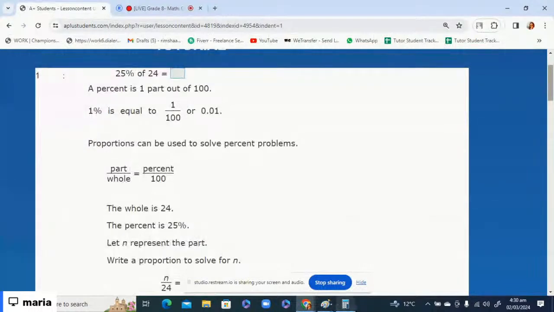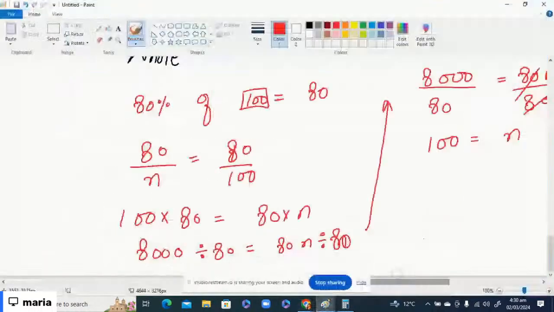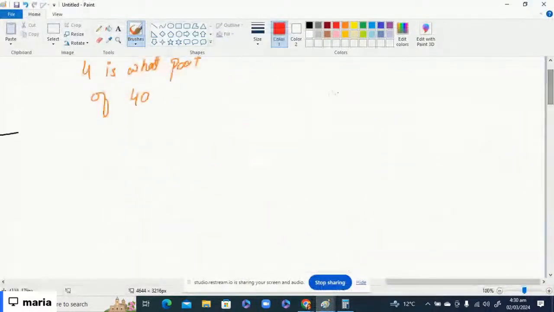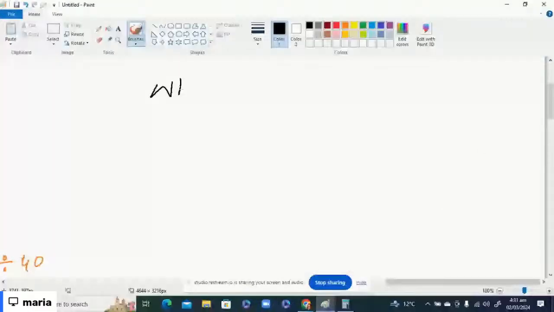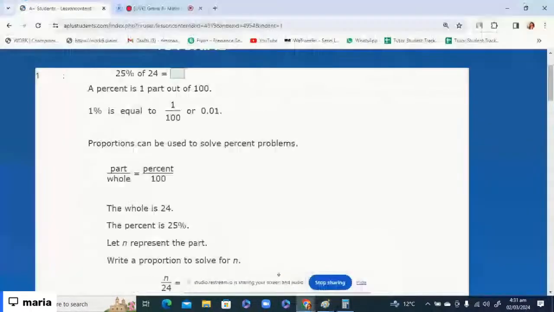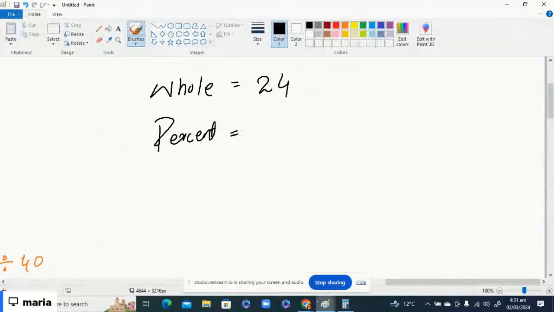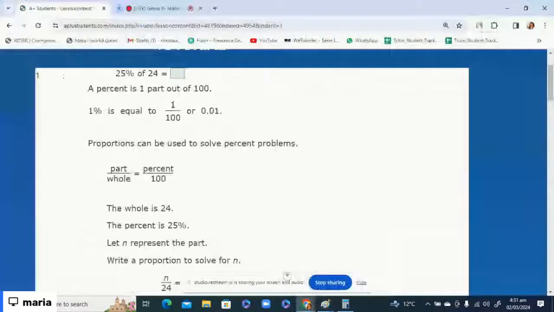Okay, let's do it. So whole is given, which is 24, and percent is given, that is 25%.